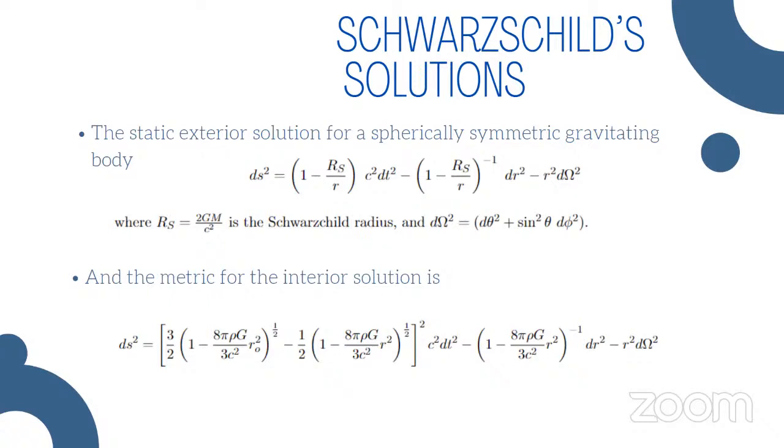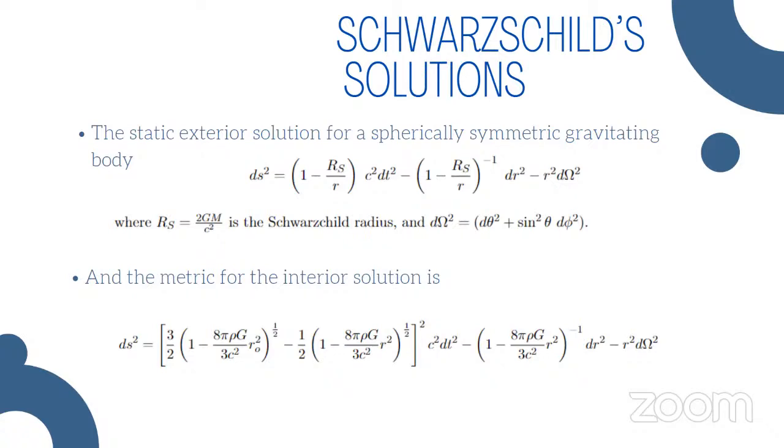Then we have the metric for the interior solution, which is equivalent to the exterior solution, but it represents the gravitational field in the interior of a spherically symmetric body, which is assumed to be an ideal case, but it has a continuous transformation from the interior solution to the exterior solution.